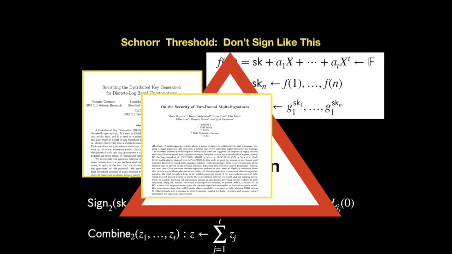The problem that these schemes ran into is they didn't accurately count the number of queries that the reduction made to the one more discrete logarithm oracle over the 2 different iterations of the adversary, or multiple different iterations if you get into the forking lemma. And what actually happened is their reduction made too many queries. So it looked like it went through, but when you actually counted up the number of queries made, it didn't.